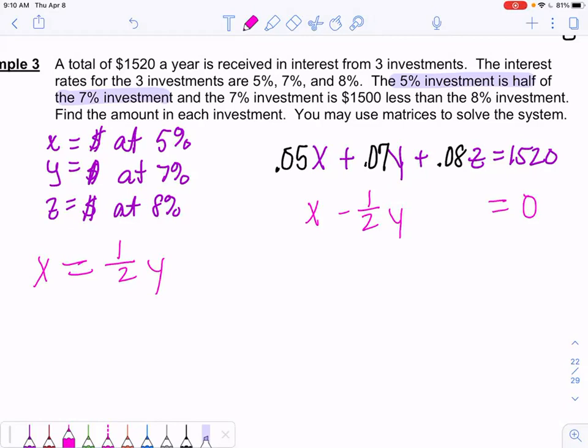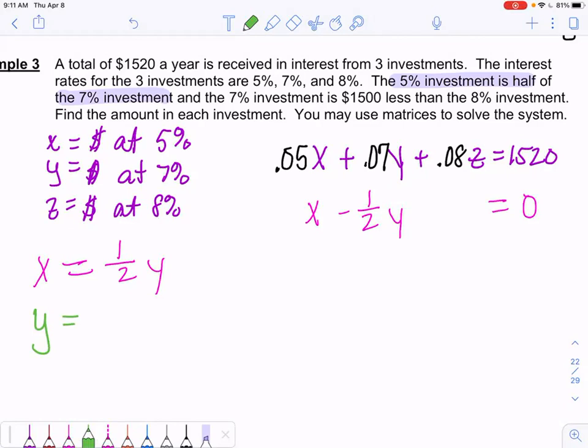The last part says the 7% is 1,500 less than the 8%. So Joe, how could we write that? The 7% is 1,500 less than the 8%. Yeah, so again, literally, how is it written?